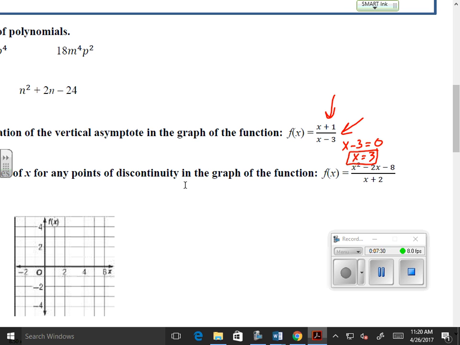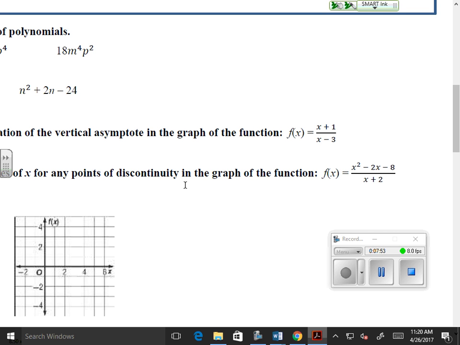The next problem asks for points of discontinuity. So in points of discontinuity, you're also looking for values of x that would make the denominator 0, but those values would need to also make the numerator 0, basically.